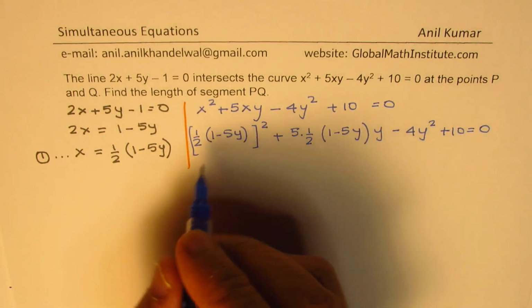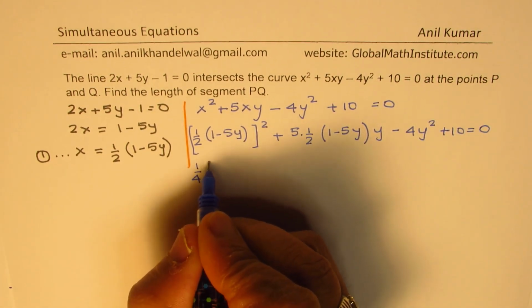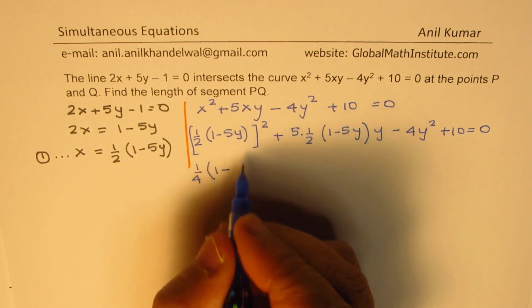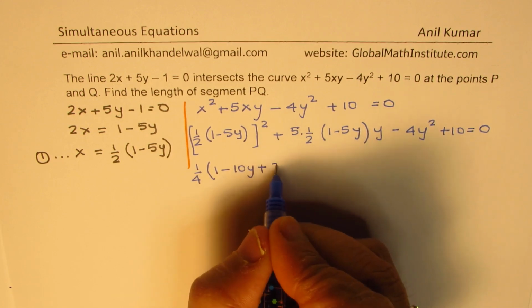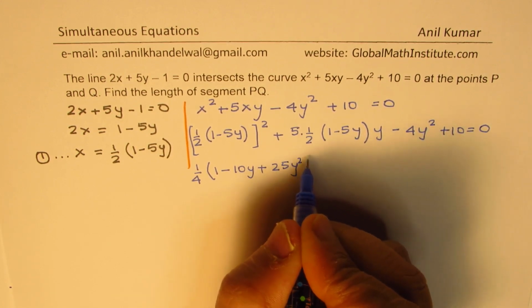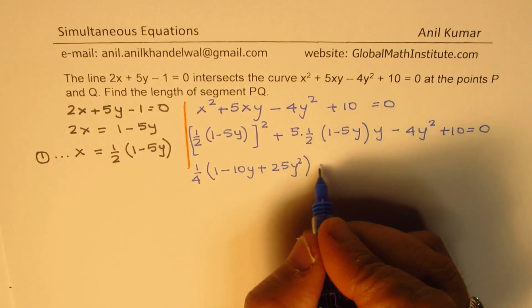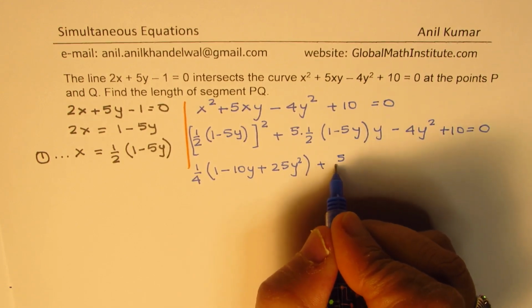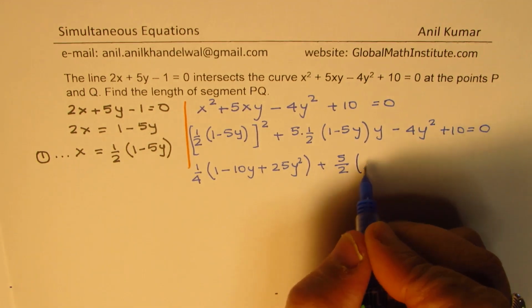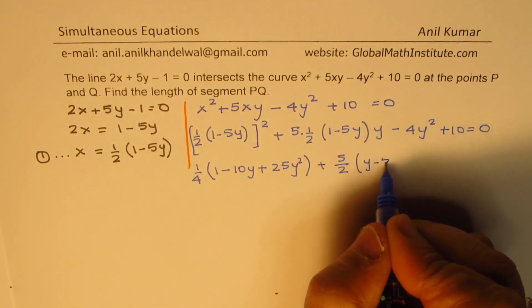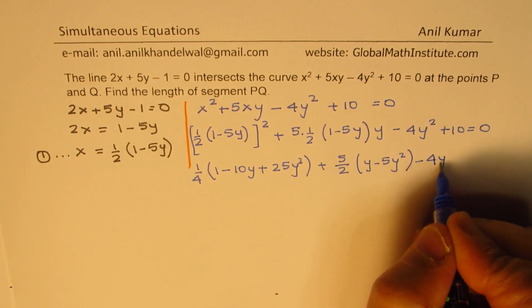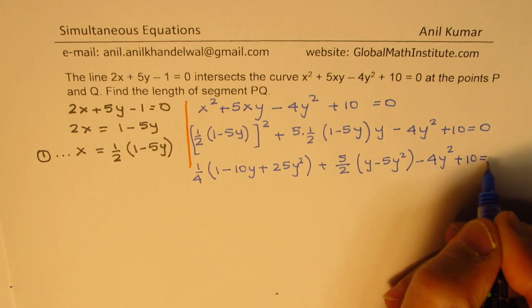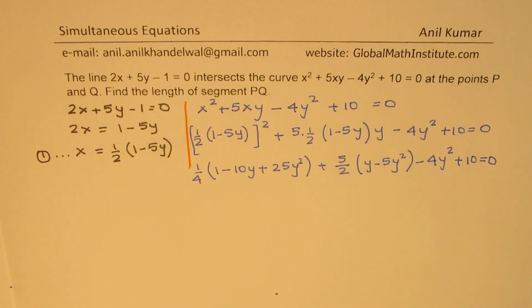So if I open this up, I get 1 over 4, and within the brackets we have 1 minus 2ab, which is 10y, plus 5y squared, which is 25y squared, right? And here we get plus 5 over 2, and we can just multiply this. We get y minus 5y squared, and then we have minus 4y squared plus 10 equals 0. Now let's multiply everything by 4 to simplify it.